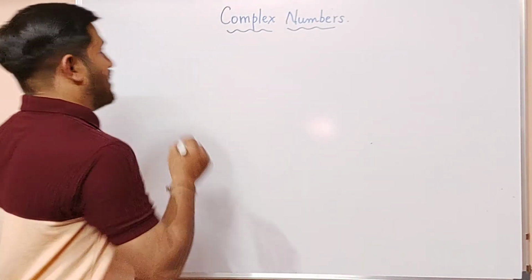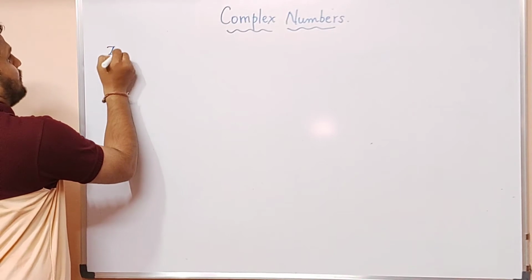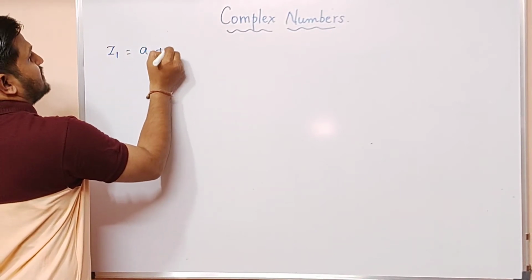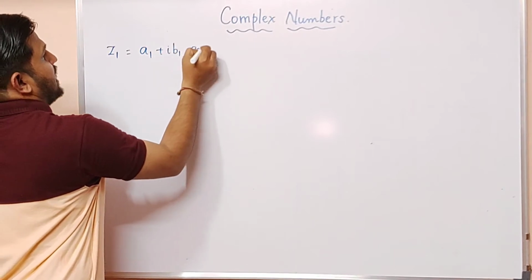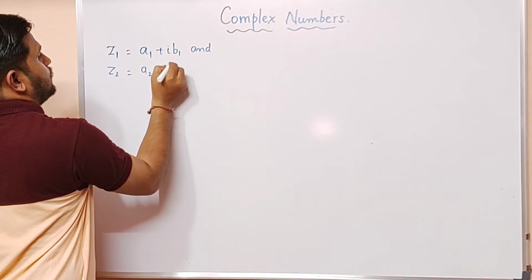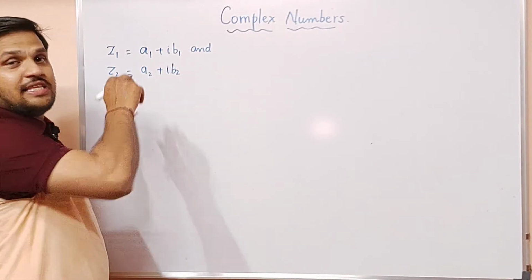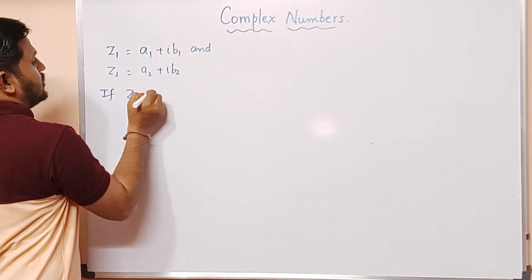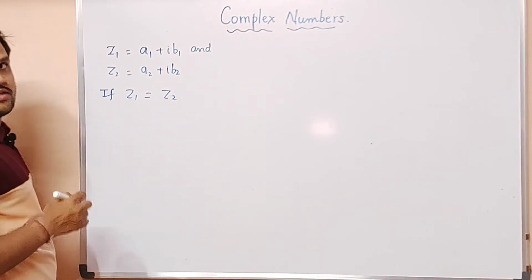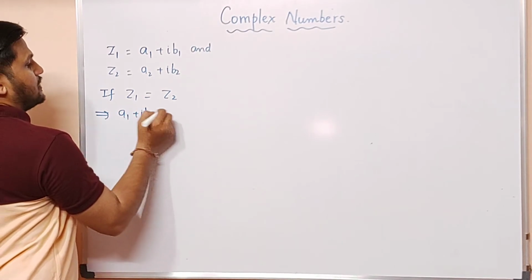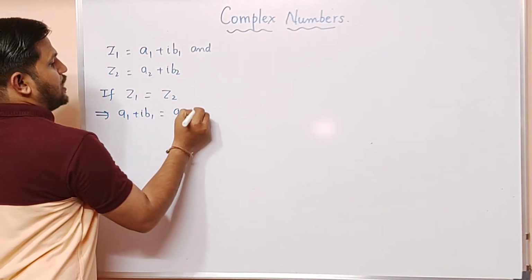Suppose, for example, I consider two complex numbers, which I will represent by z1 and z2. z1 I take as a1 plus i into b1, and I will consider z2 as a2 plus i into b2. If I say these two complex numbers are equal, if z1 is equal to z2, what does it imply? It implies that a1 plus i into b1 is equal to a2 plus i into b2.